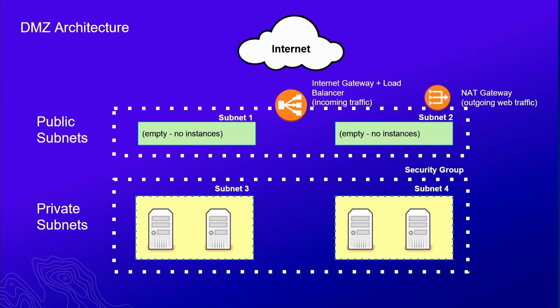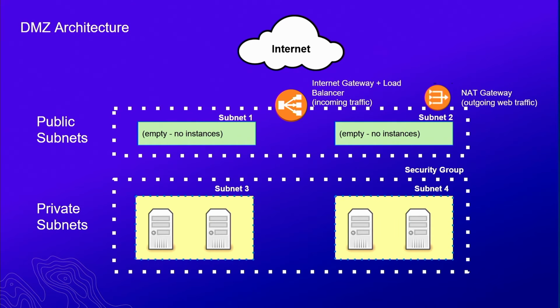A private subnet means there's no direct internet access to this network. You cannot directly connect from the internet into the private subnet. In fact, the only thing that would be allowed is the public subnet can connect into the private subnet. So there is network connectivity between these, but not directly to the internet.